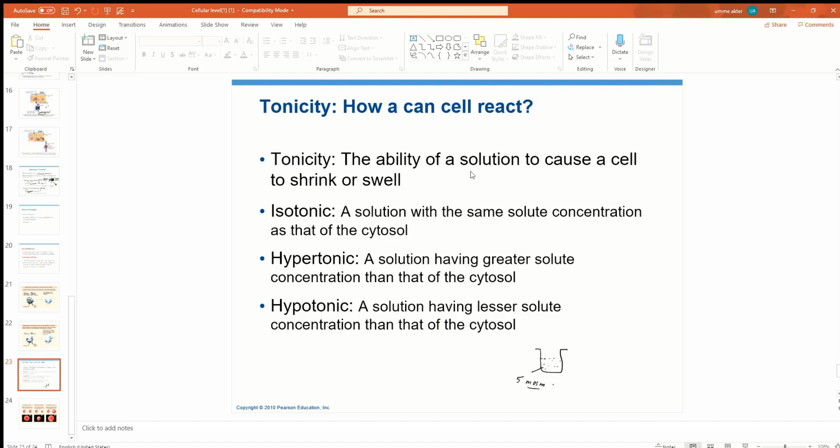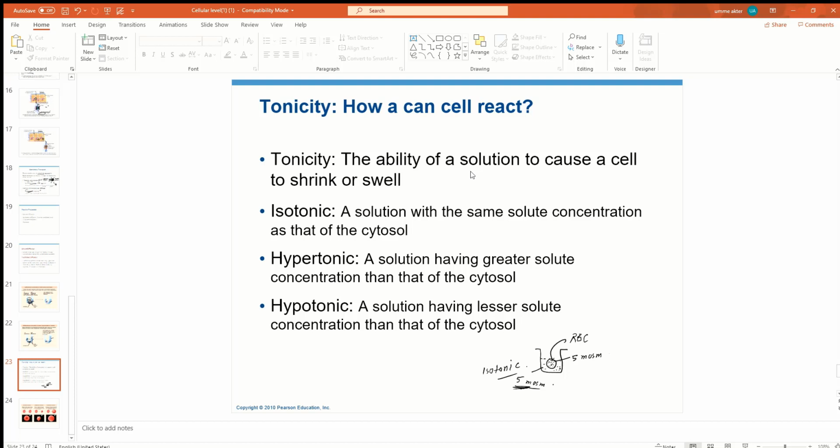So if I put a red blood cell, for example, here, and inside the red blood cell the concentration of cytoplasm or fluid is also 5 milliosmol, I'll say this solution, since the concentration is the same, is isotonic. Iso means same tonic, same concentration.